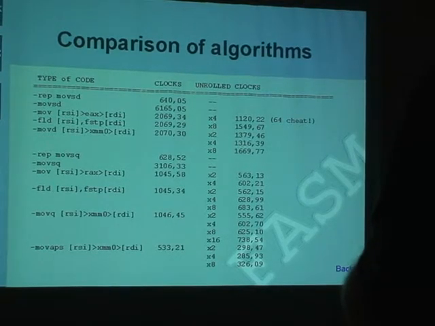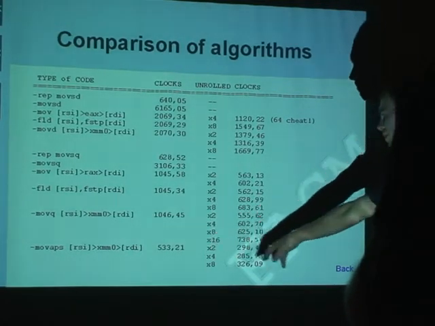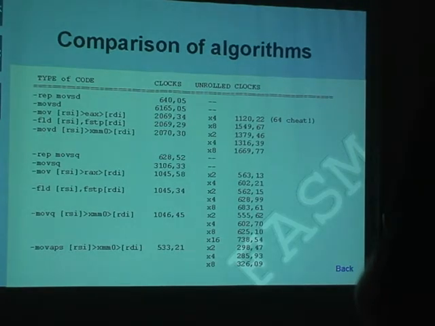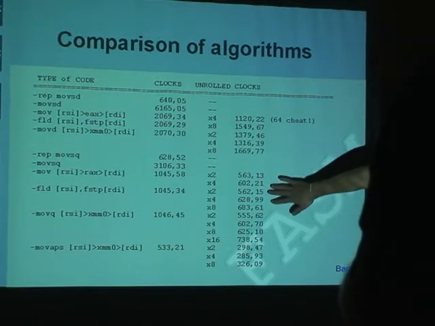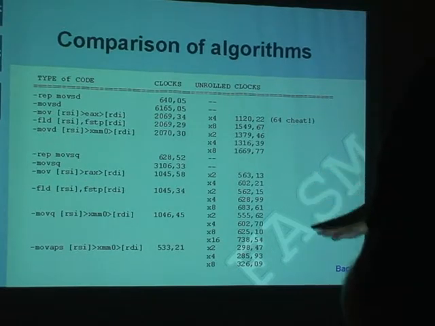And the only thing I could do was unwrap the movaps. This is aligned, packed movement, and with 8 times unrolling, I could get the best speed out of it. So the floating point is somewhere here with 562 clocks. I should mention the data moved was the same all the time.